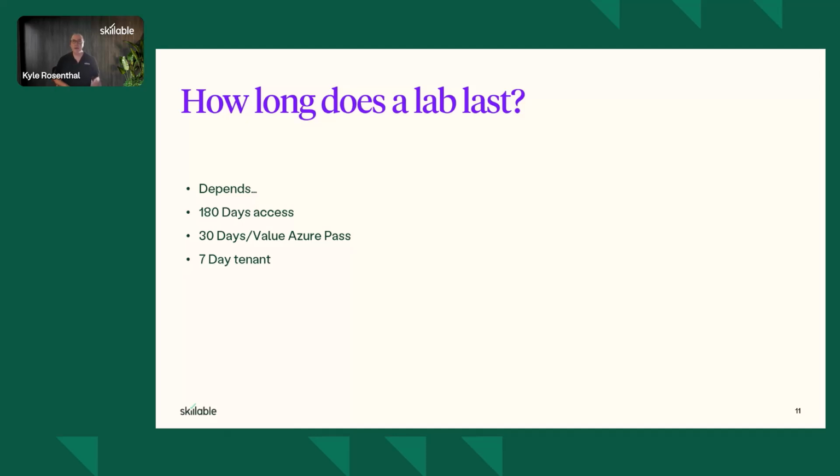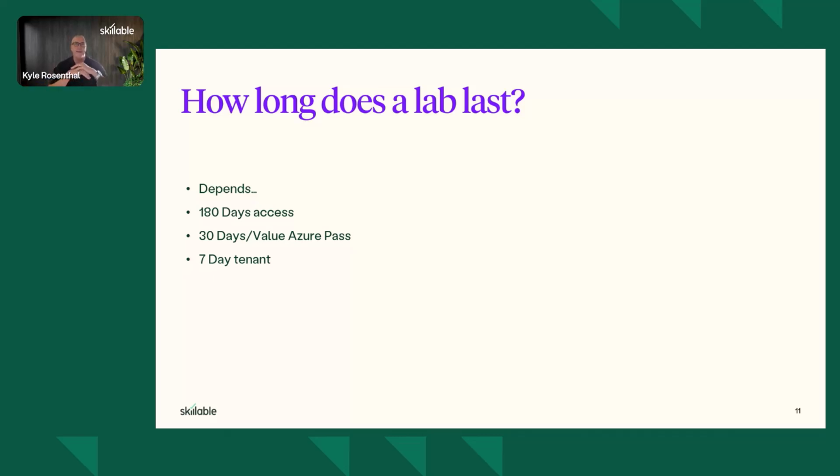Okay. Now, with that one, if the student gets to the end of the 7 days and everything stopped working, if they end their session and then come back in again, we will reissue them a new tenant, which is then valid for a further 7 days.